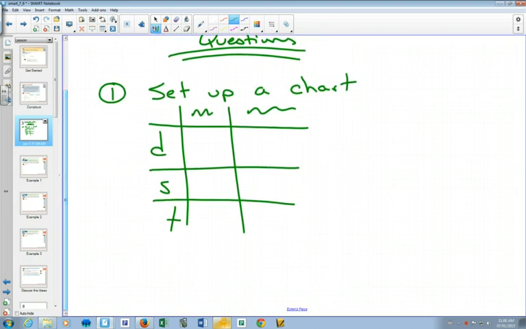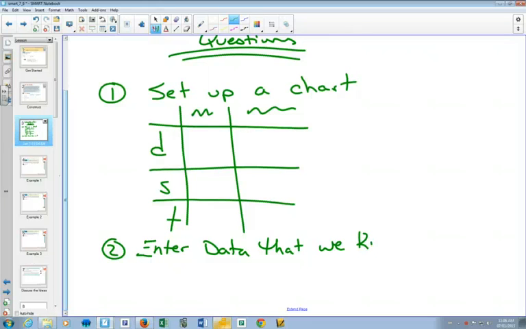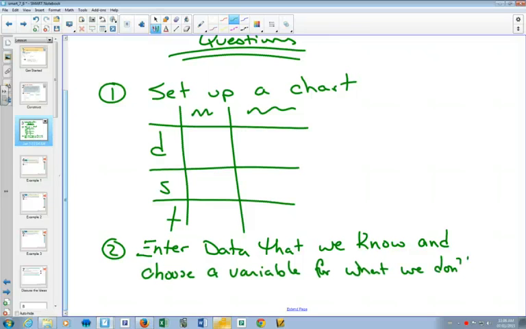Once we've set up our chart, the second thing that we're going to do is enter the data that we know. And choose a variable for what we don't know.